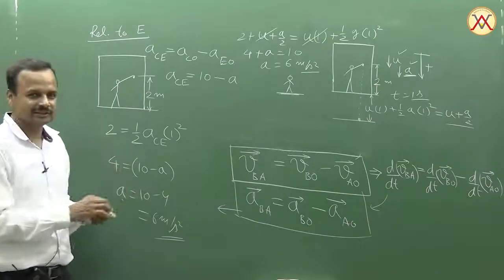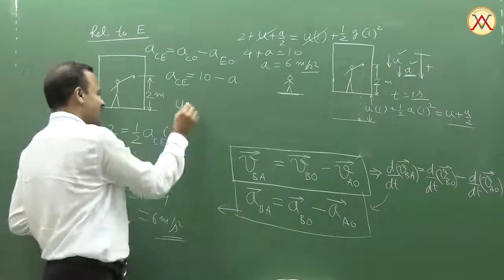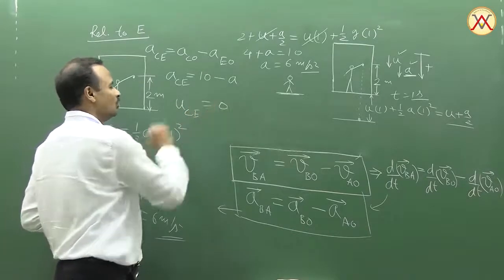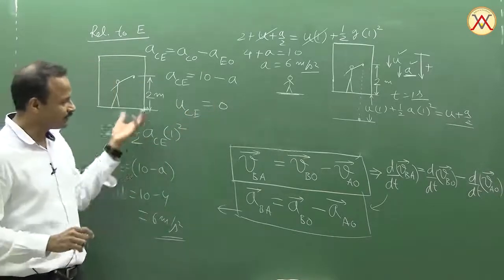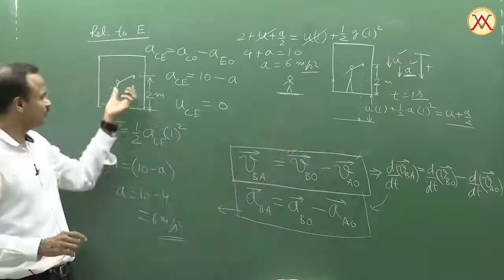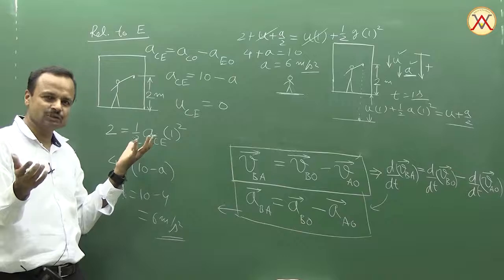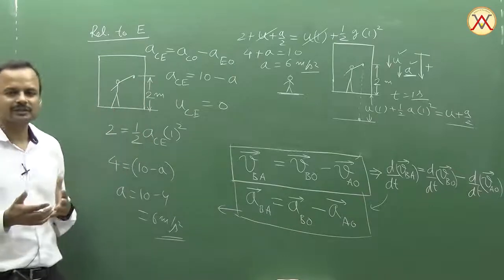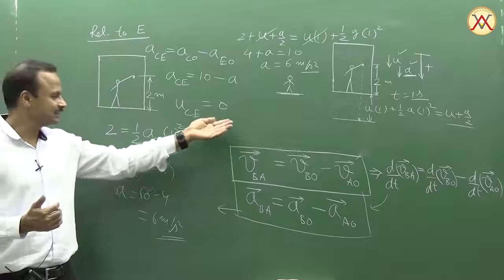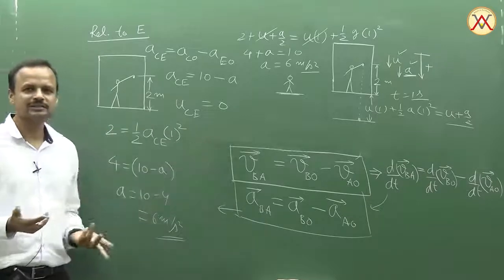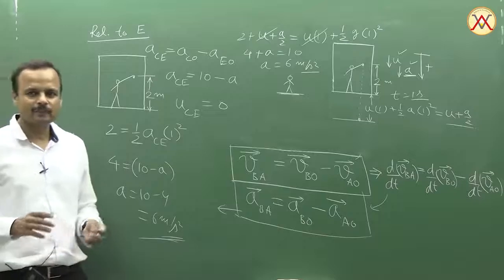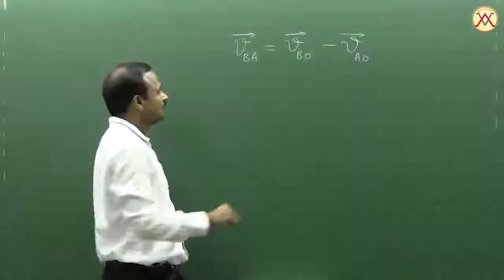So the relative velocity, you can write it as u_CE is 0. In terms of the ground observer, you can say it is u minus u: velocity of the coin just after being released, u, velocity of the observer, u. So relative to the person, the initial velocity is 0. So this term here was 0. It doesn't appear at all, and you get the same answer with much ease.